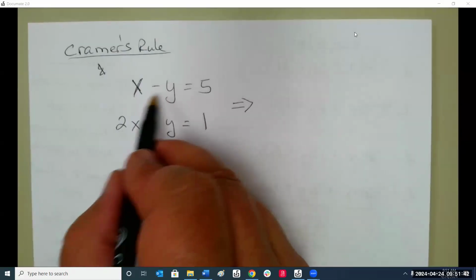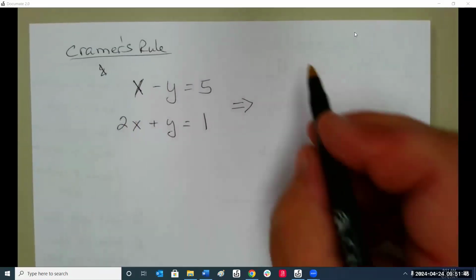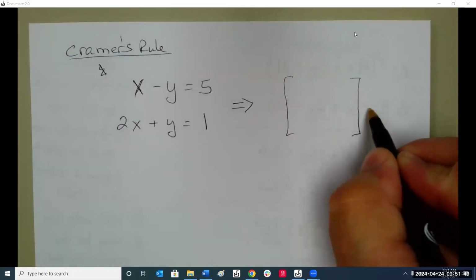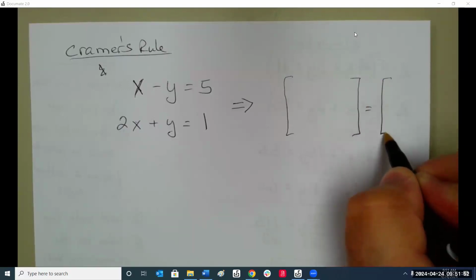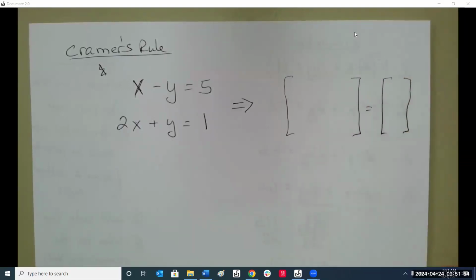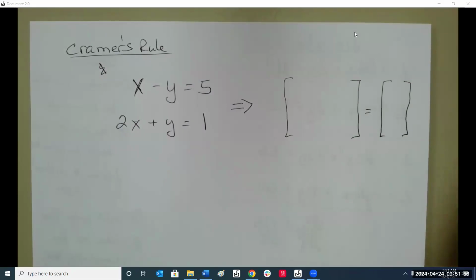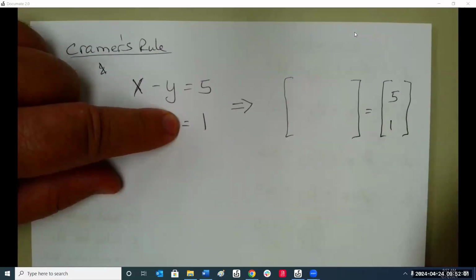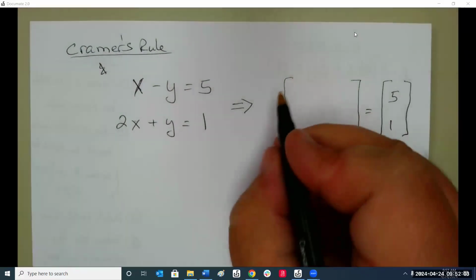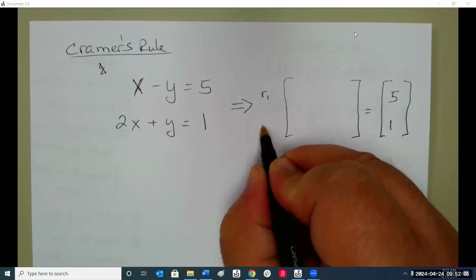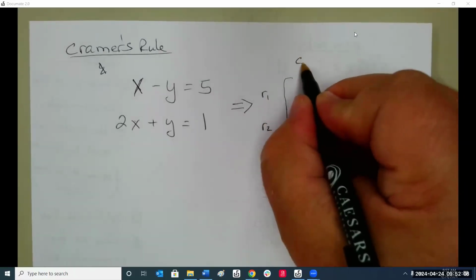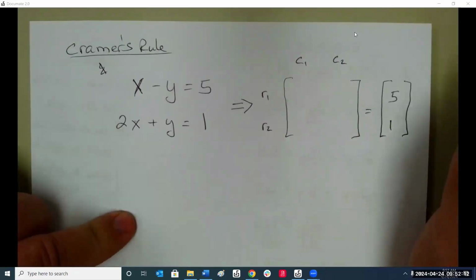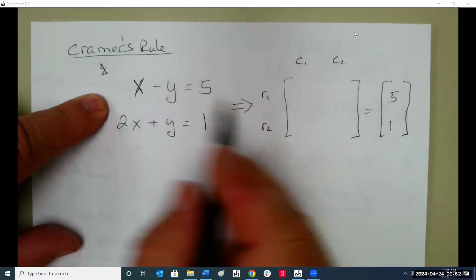We have two variables with two equations. So we see the answers are going to be 5 and 1. This is row 1. This is row 2. This is column 1. This is column 2. So row 1 obviously is the equation 1.